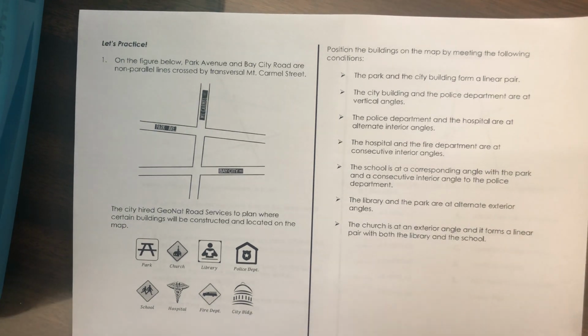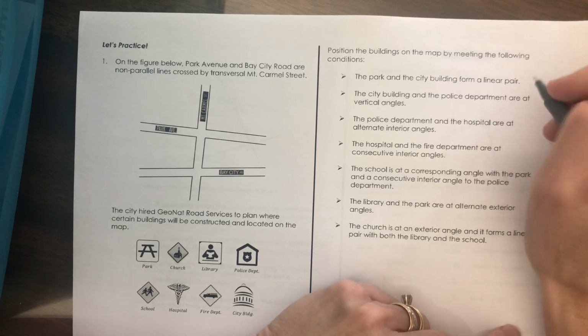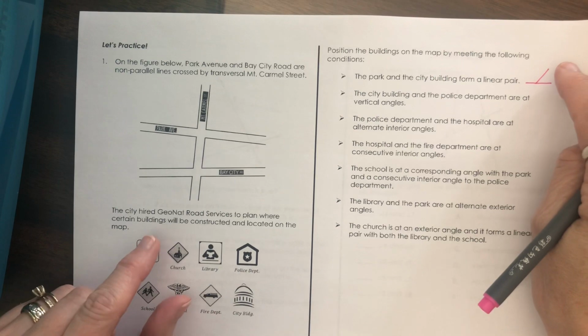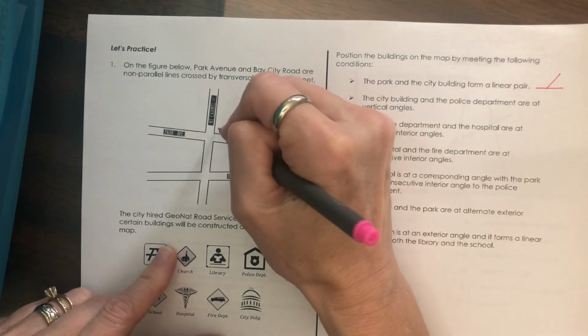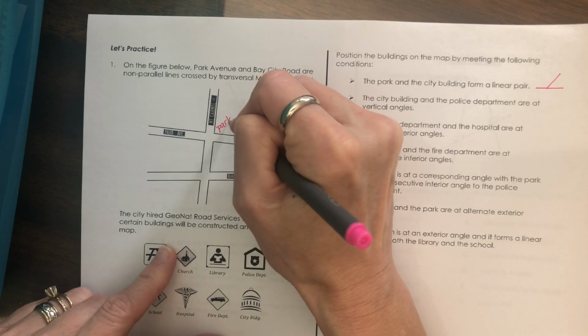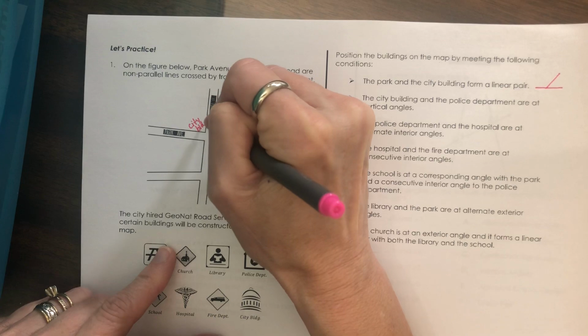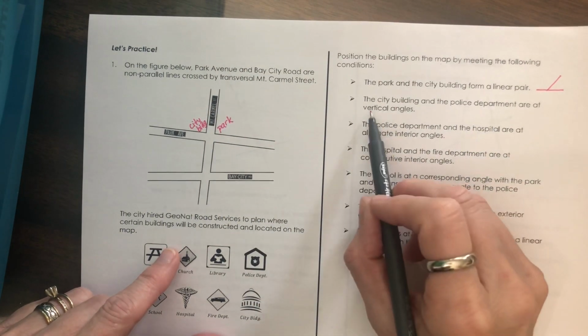So let's start with the park and the city building form a linear pair. Line, pair on the same line, which means they are right next door to each other, right? So let's put park and city building right next door to each other. The city building and the police department are at vertical angles.